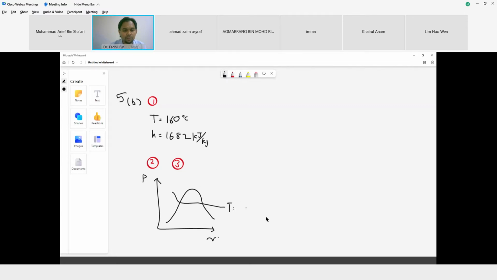Temperature is 160, so here the value is 160 degrees C. H is 1682, so we have to change our V here into H. Okay, and then after that, get this value, this value H.